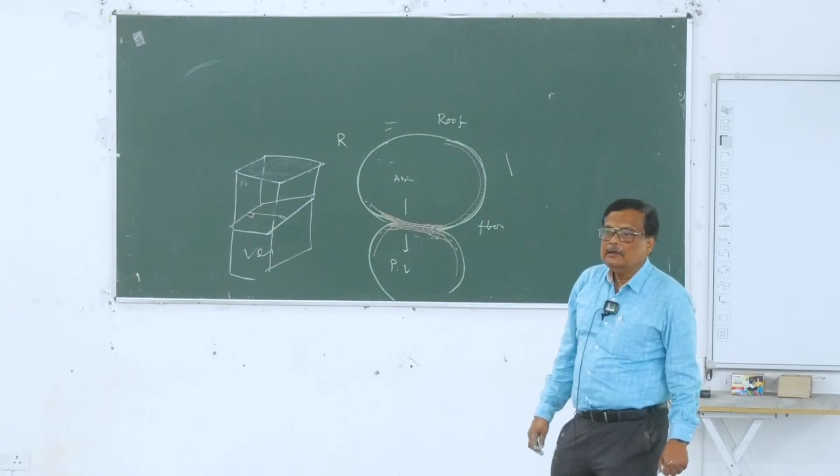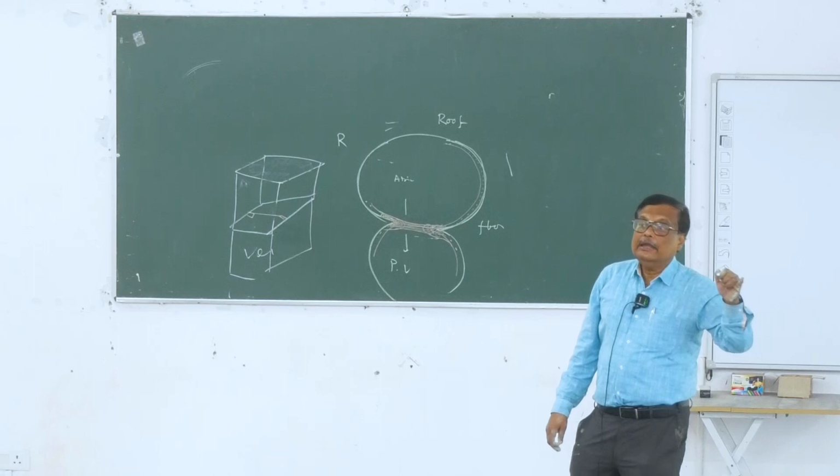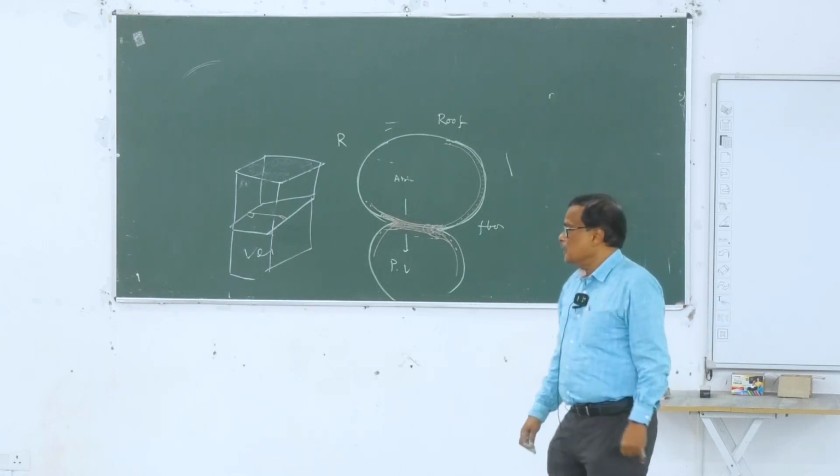What do we say? The septum intermedium develops from the endocardial cushions of the right and left sides.